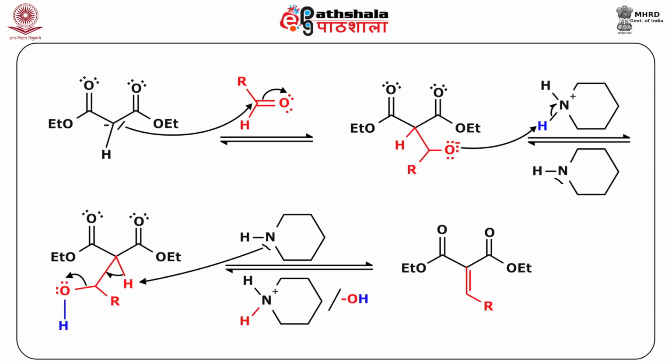The next step is that this enolate ion attacks as a nucleophile via the carbon of the carbanion on the carbonyl carbon of the aldehyde or ketone, and this is as shown here. Unlike the aldol, the resulting intermediate, rather than taking a proton, undergoes base induced elimination.